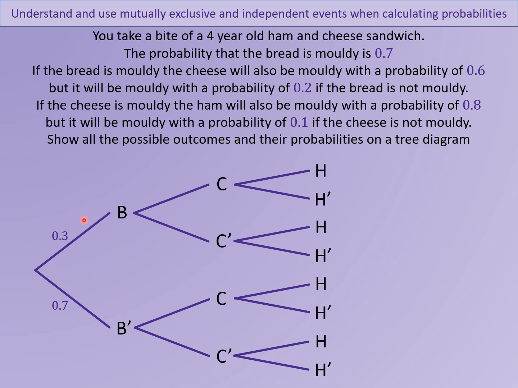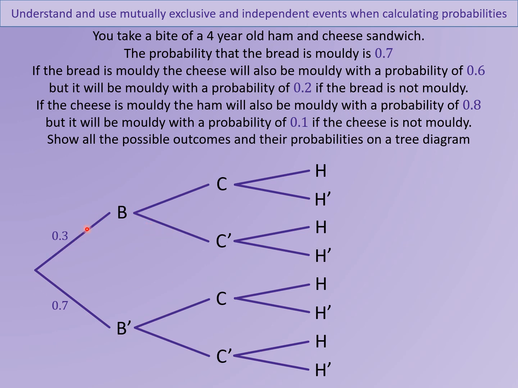Now the next bit is dependent. These results depend on these ones. If the bread is okay, there's a better chance that the cheese will be okay. If the bread is mouldy, maybe that affects whether the cheese is mouldy. So let's get our head around what it's saying. If the bread is mouldy, that's this one, then the cheese would also be mouldy with a probability of 0.6. So that's going to be 0.6. But the cheese will be mouldy with a probability of 0.2 if the bread is not mouldy.